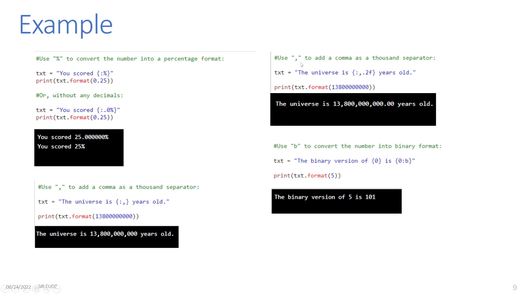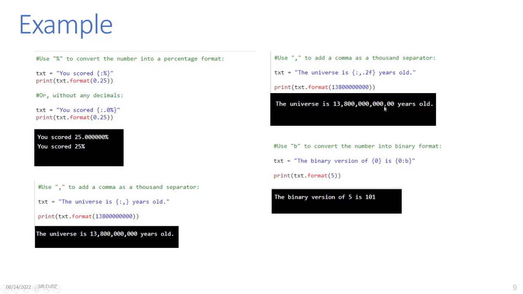Let's say, for example, we just want to add comma and 2 decimal places. So we can place the universe is colon comma dot 2f years old. Just for example, we would like to do that one, but I don't know why. So the universe is 13 billion. You notice it's the same as the previous one, but here we have 2 decimal places, years old.